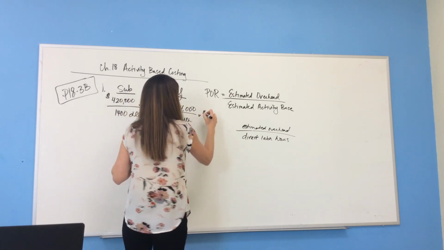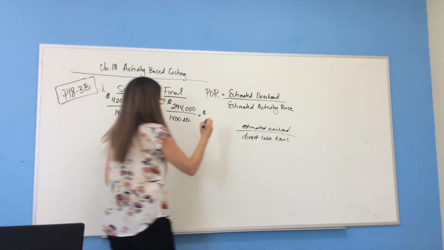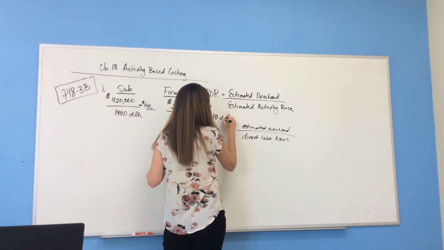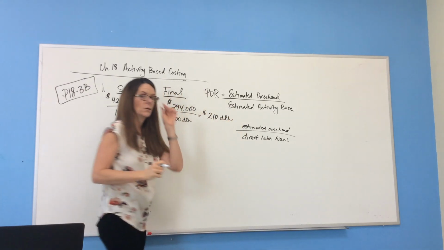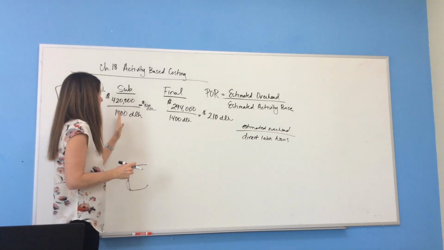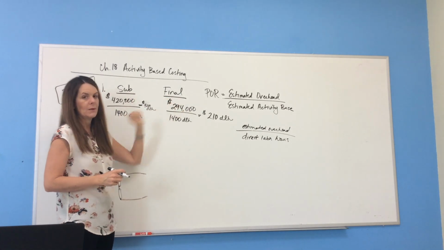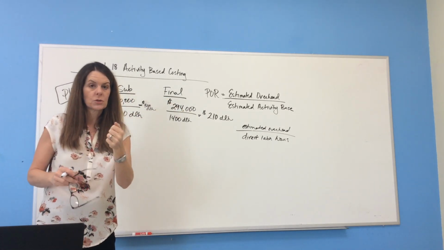But this amount is going to be different because of the numerator change, and it's going to be $210 per direct labor hour. So I basically used the predetermined overhead rate to find my rate per direct labor hour for my sub-assembly and my final assembly. So that is the answer to number 1.